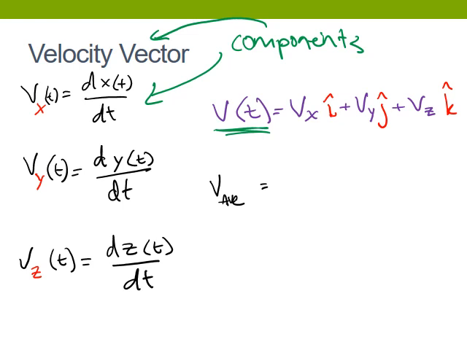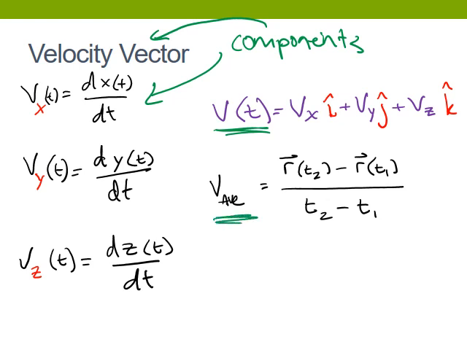Now we know that to find my displacement vector, I'm going to take my position vector r at some later time minus my position vector at some earlier time, right? That's my displacement vector. So if I just do that and then divide by my interval of time between those 2 points, this would now give me my average velocity.